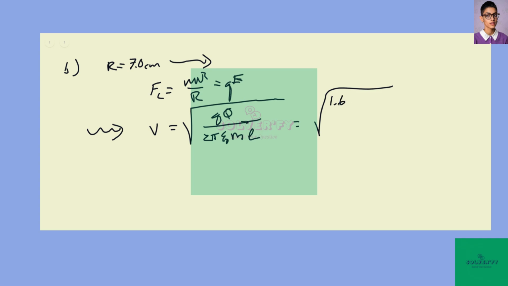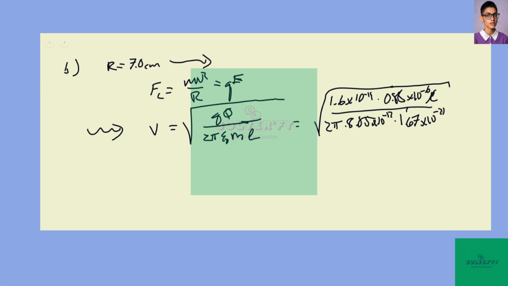This is the square root of 1.6 times 10 to the negative 19 for the proton charge times 0.88 times 10 to the negative 6 coulombs, all over 2 pi times 8.85 times 10 to the negative 12, which epsilon naught is. And now m is 1.67 times 10 to the negative 27 kilograms times L, which is 5 meters.